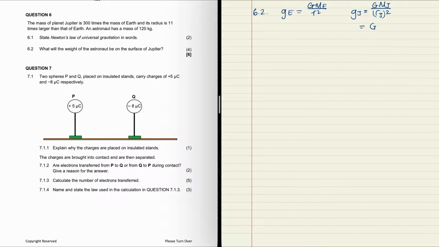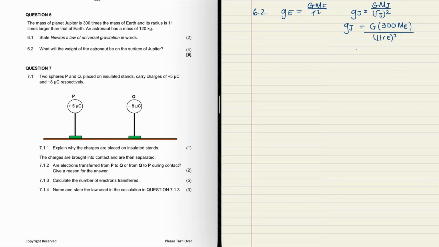We also know that the mass of Jupiter is 300 times the mass of Earth, so 300 M_E, divided by the radius of Jupiter, which is 11 times that of Earth, so 11 R_E all squared.